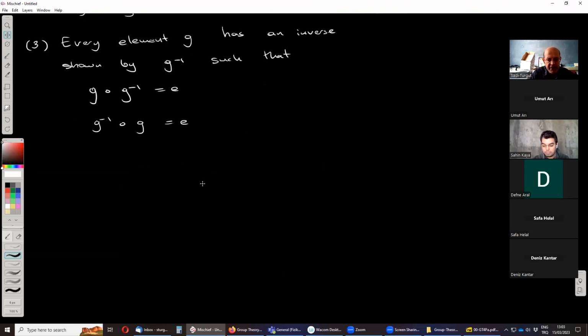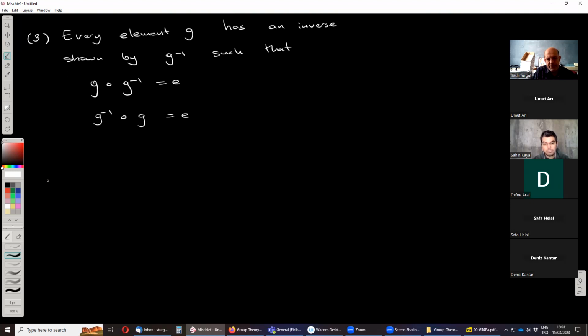So from the last property, for example, you can see that the inverse of the inverse is the element itself. So if G minus 1 is the inverse of G, then the inverse of G minus 1 is G as well, because both satisfy these relationships, right? So these relationships tell us that this is the case.